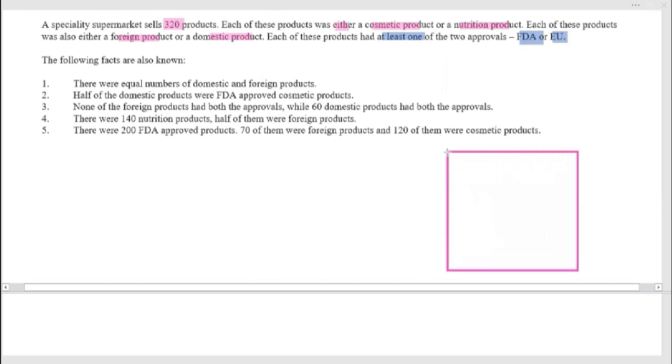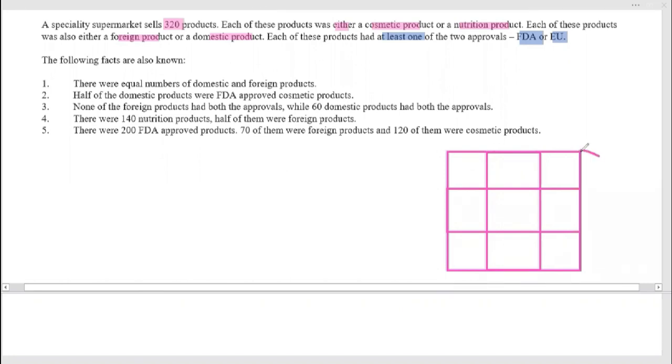I will take the normal 3 by 3 square format first, which I will divide in this way, and then the extra part I will take as this one for FDA, and this one for EU, because FDA and EU can happen without overlapping with the square itself.